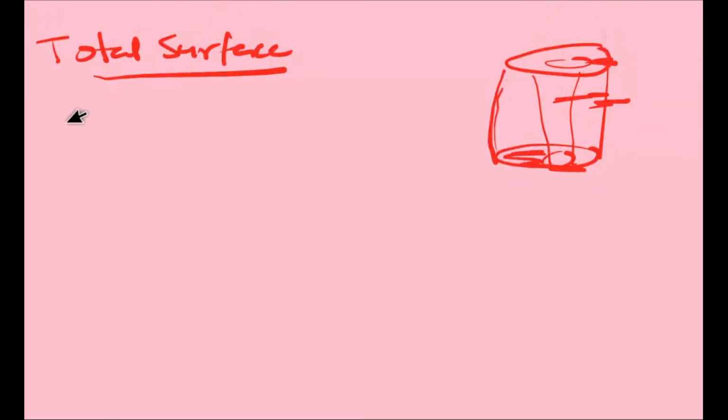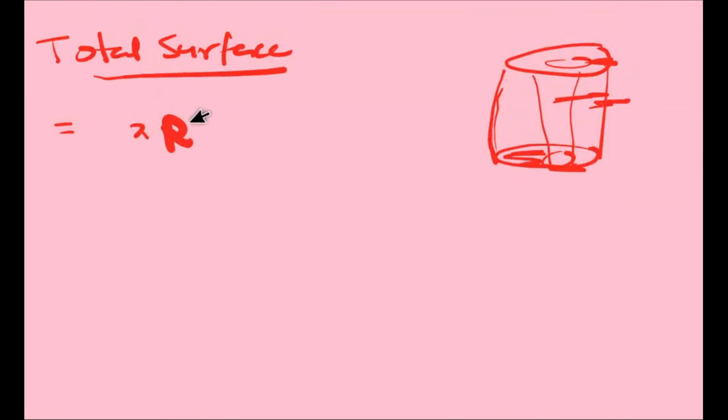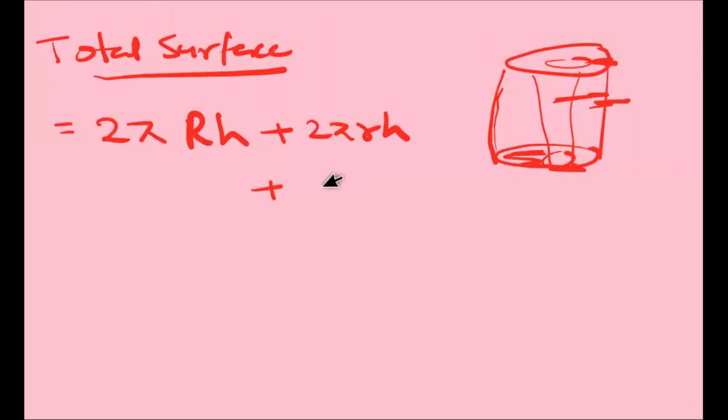So the total surface is 2 pi R h for the outer surface, plus 2 pi r h for the inner surface, plus the area of the ring twice.